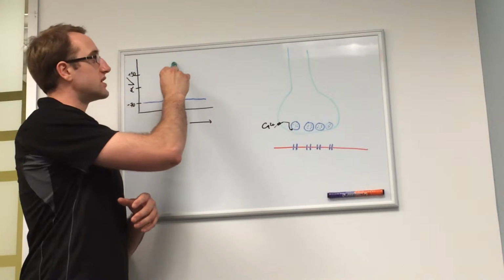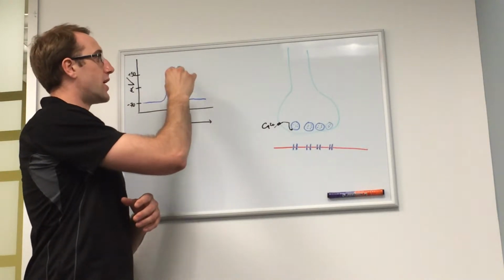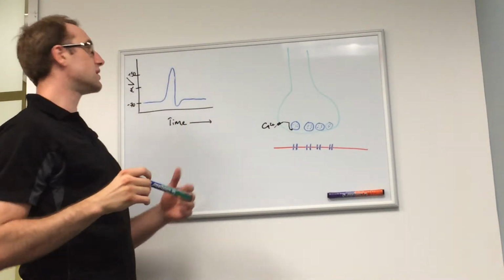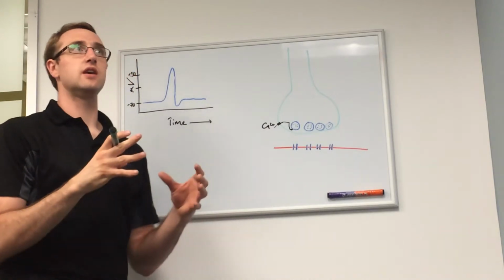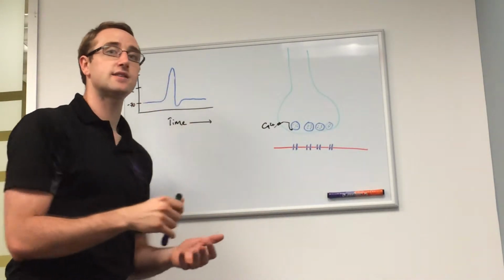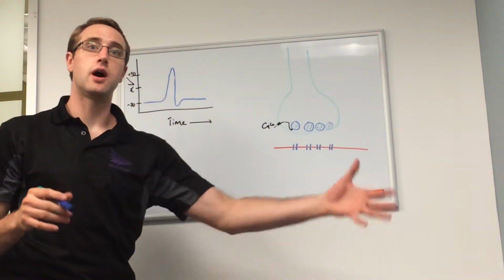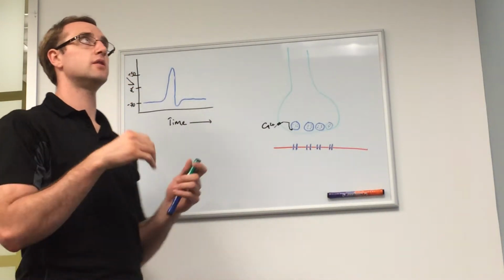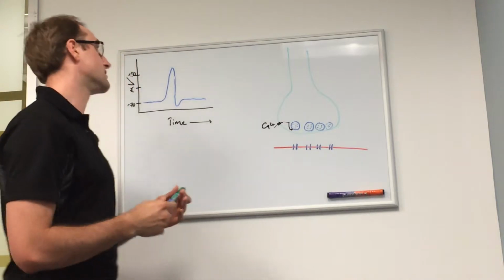So when we reach this peak, it's going to drop off, and this drop off is due to the efflux, the leaving of potassium from the inside to the outside of the cell.